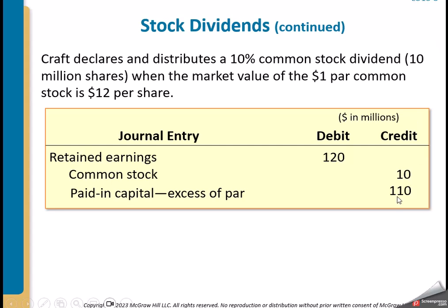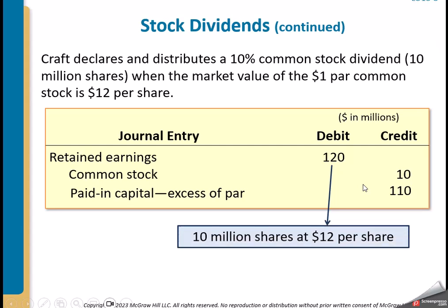And then the remainder goes to paid in capital, but I feel like my 10 million is not right. If it's $1 par value and we're issuing a 10% common stock dividend, that'd be 1 million shares. So I'm a little bit off on where that 10 million is coming in versus just being 1 million.